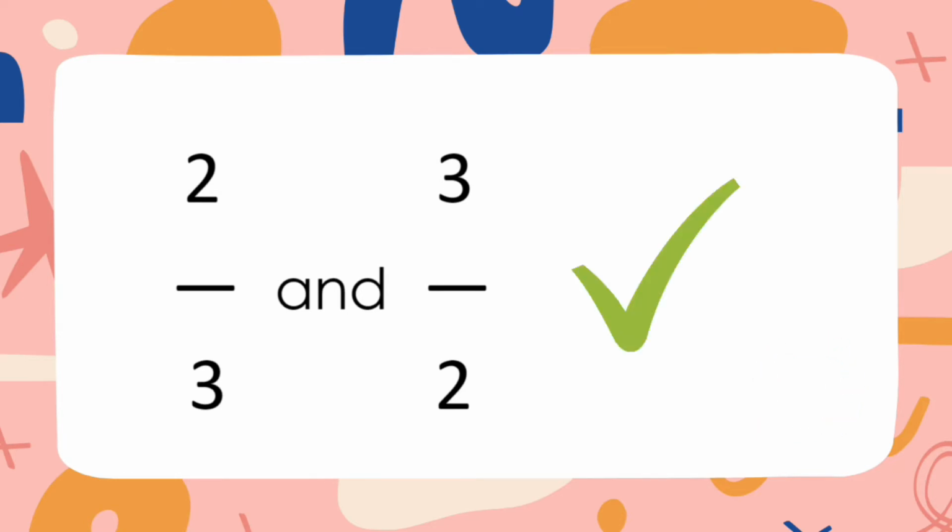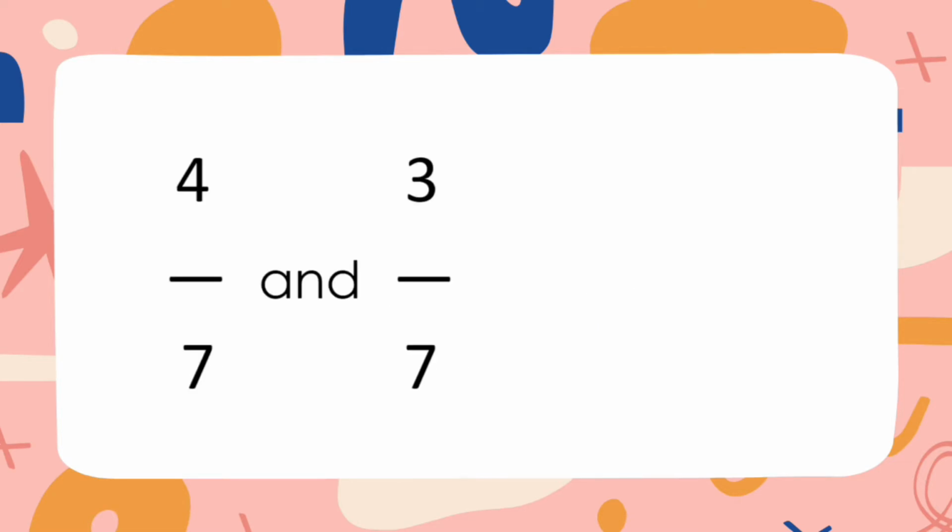That's right. The reciprocal of 2/3 is 3/2. Now, 4/7 and 3/7. Reciprocal or not? Good job, learners! 4/7 is not a reciprocal of 3/7.